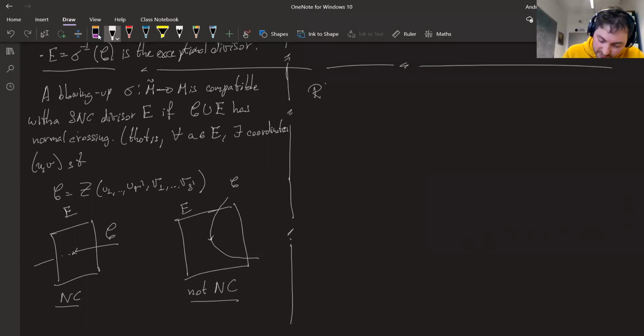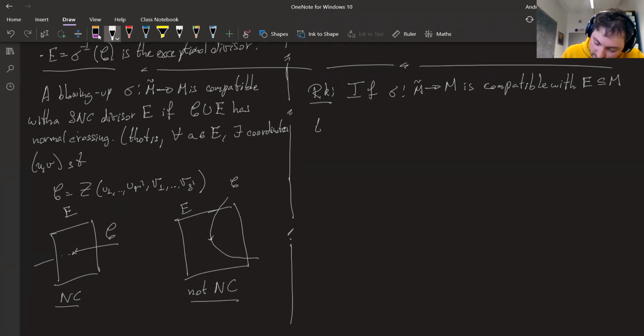So the remark here is that if sigma from M tilde to M is compatible with E, a simple normal crossing divisor in M, then the exceptional divisor given by the preimage of E union the preimage of C is also simple normal crossings.